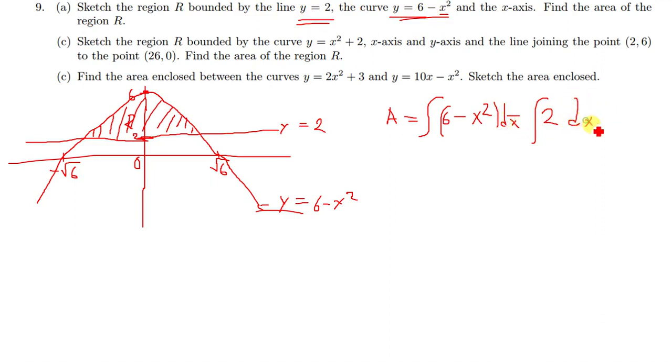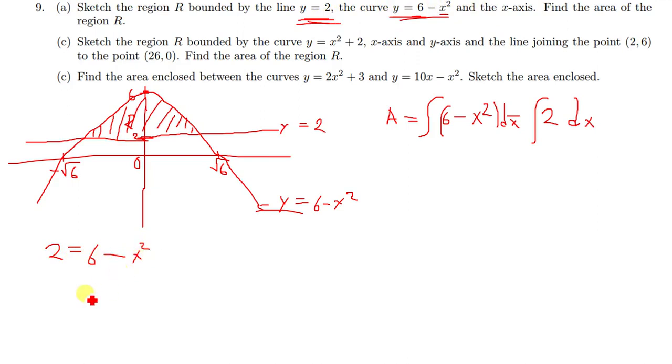But one may start asking themselves, where do we get the limits from? So you get the limits by solving these two equations that we've been given simultaneously. We know y is equal to 2 and y is equal to 6 minus x squared. So where there is y, we can put 2. So we're going to have 2 equals 6 minus x squared.